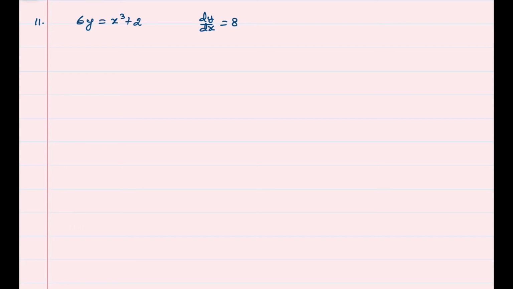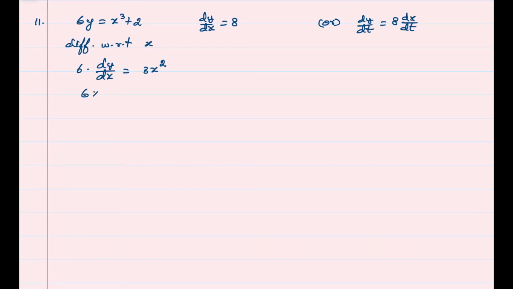So, dy by dx is given as 8, or you may use dy by dt is equal to 8 times dx by dt. Now, let us differentiate this equation with respect to x. 6 times dy by dx is equal to 3x square, and dy by dx is given as 8.